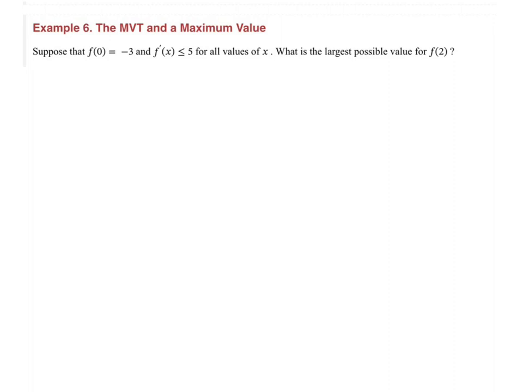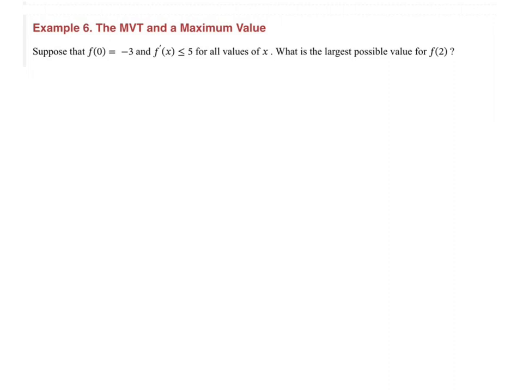So in this case, we're allowed to say that the average rate of change on the interval from 0 to 2 would be equal to what? Right. If the function is continuous, then the average rate of change is going to equal 5 somewhere in that function. So we can solve for f of 2 working backwards there.